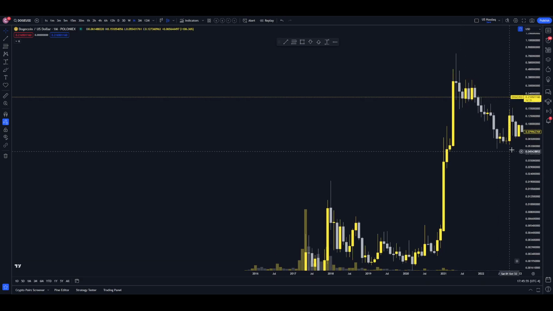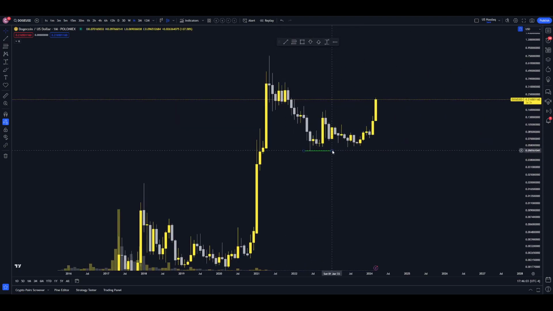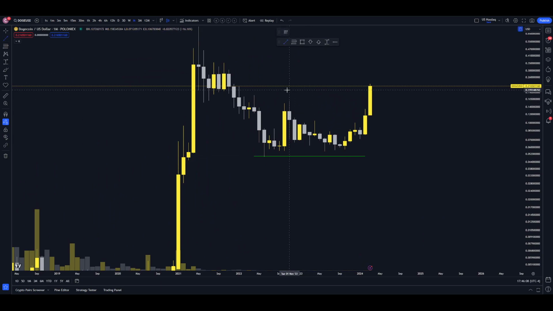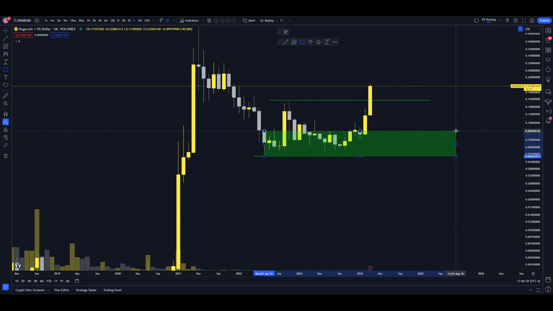But big picture, I really want to be getting buys as close to the lows of this market as possible. And that makes, let's show the range here, right? The range is from this low to the high of this big move. In general, we really want to be getting some good buys on the bottom half of this range.